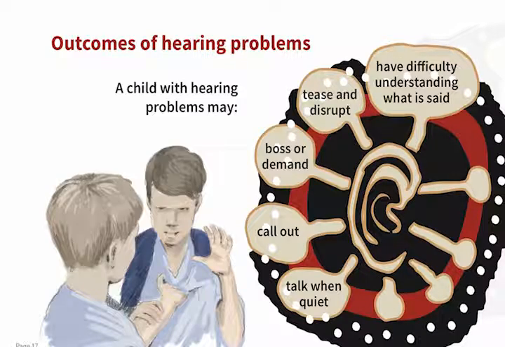So when you get this pattern of problems and you observe particularly that these are more evident at particular times of the class day, so for example when it's quiet they're more often likely to talk, and when it's noisy, they are more likely to tease and disrupt, then you should consider whether there may be some listening problems behind these behaviour problems.